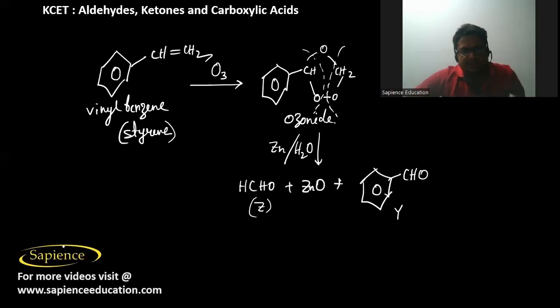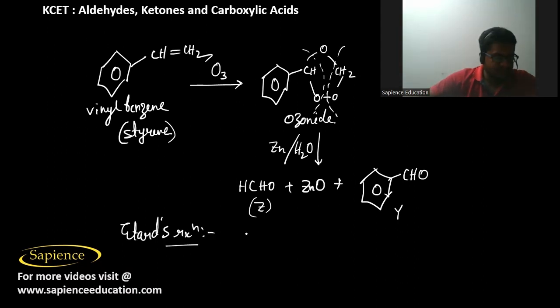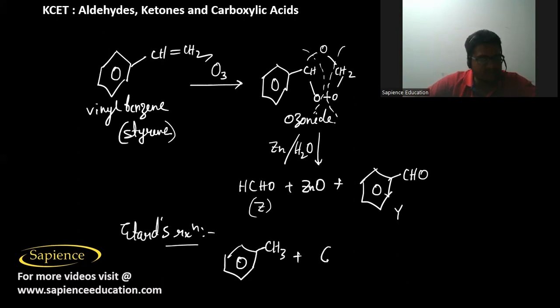Now Etard's reaction means that toluene will react with CrO2Cl2 in presence of CCl4 and H2O. It will form benzaldehyde.